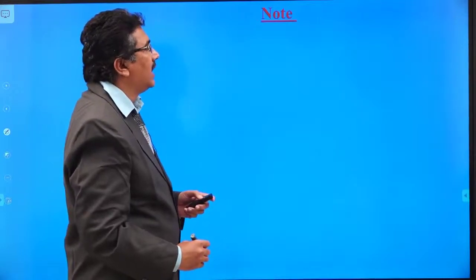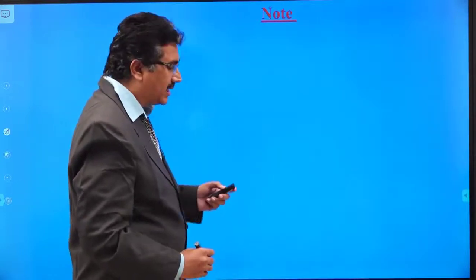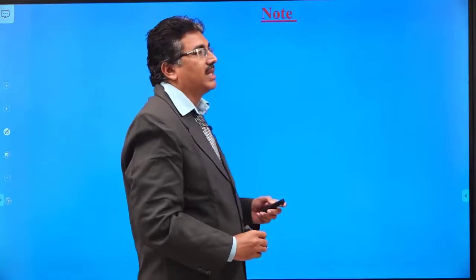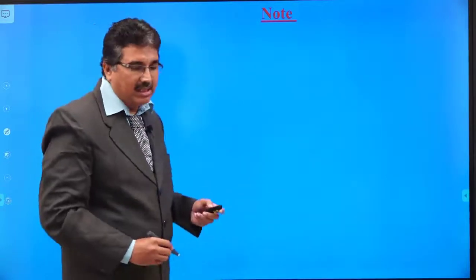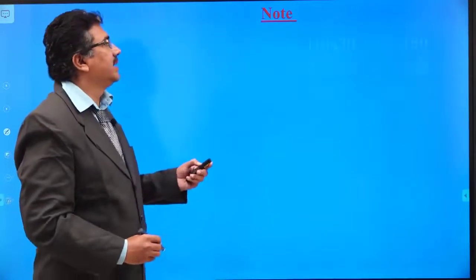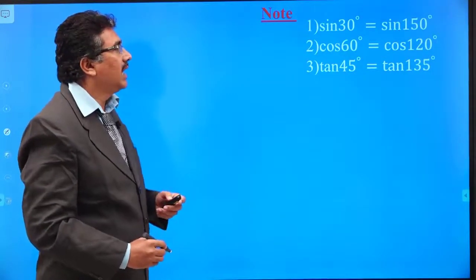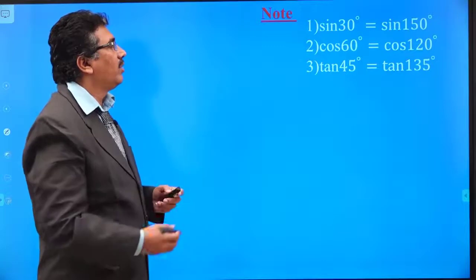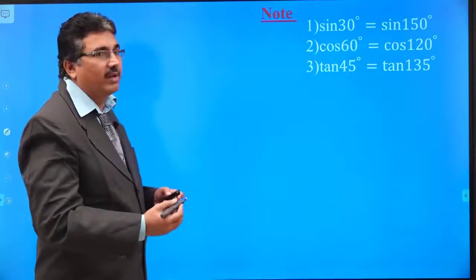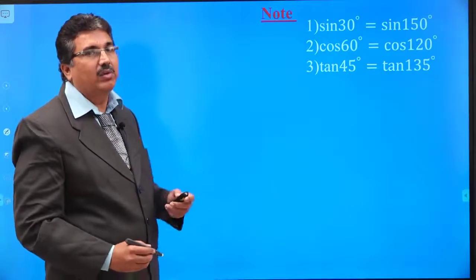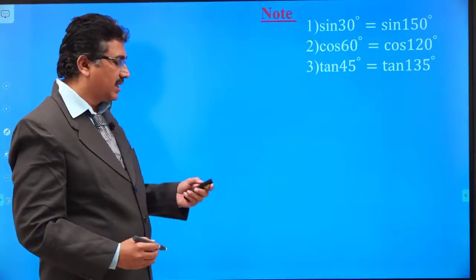See now, from the domains of trigonometric functions, observe that sin 30 degrees is equal to sin 150 degrees, cos 60 is equal to cos 120, tan 45 degrees is equal to tan 135 degrees.